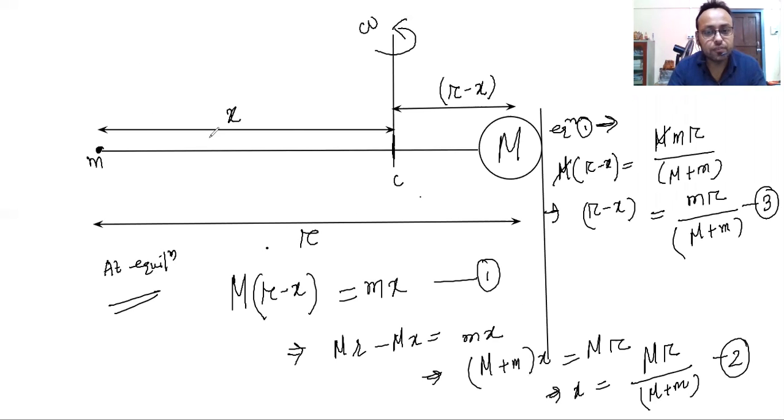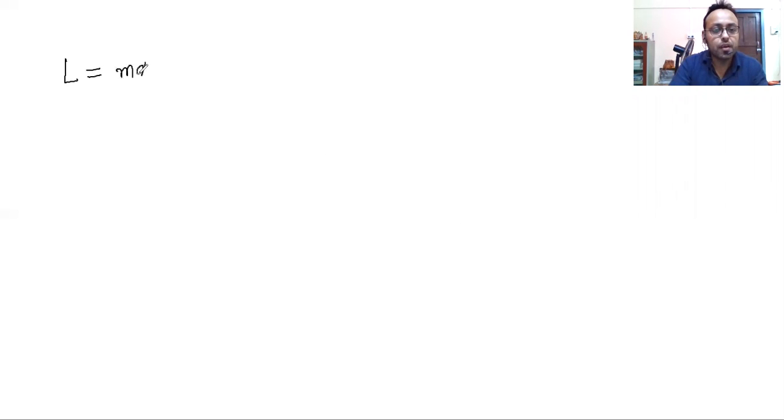So the total angular momentum of the atom will be, first I'll write the angular momentum of the electron. For the electron, its distance from the center of mass is x, so it will be simply m x square omega. And for the nucleus, its distance from the center of mass is r - x, so it will be M (r - x) square omega.